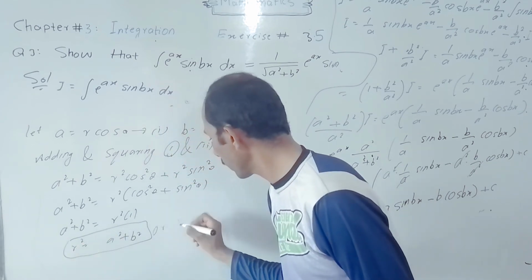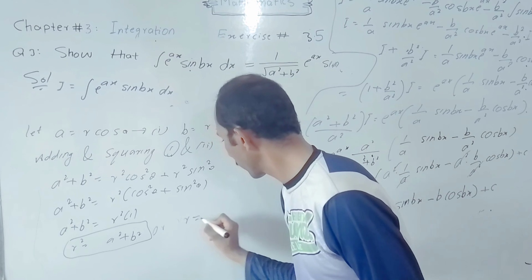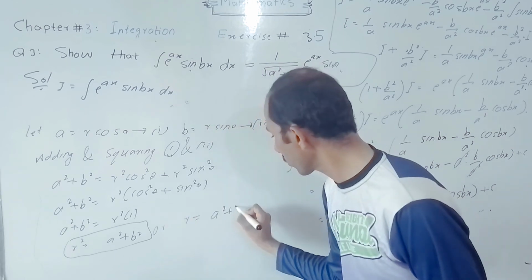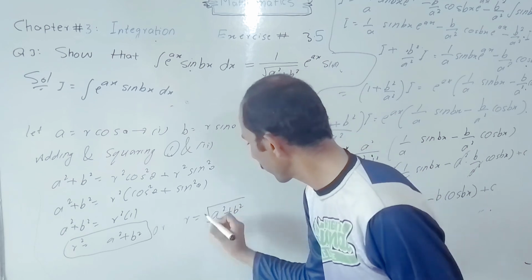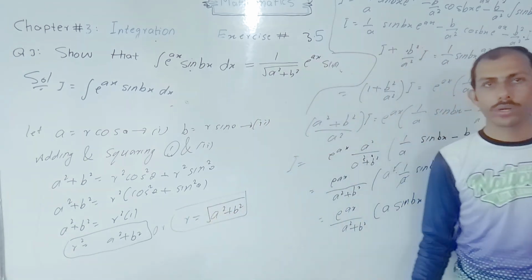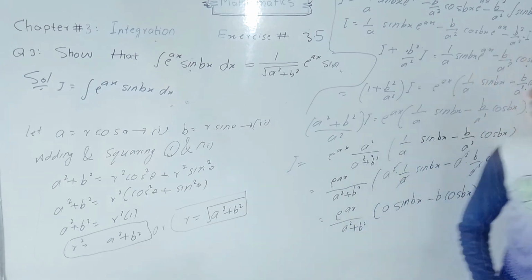So r is equal to under root of a square plus b square. If we apply square root on both sides, r is equal to under root of a square plus b square.